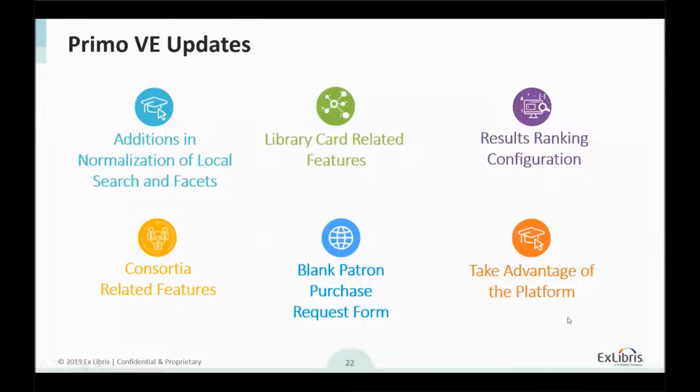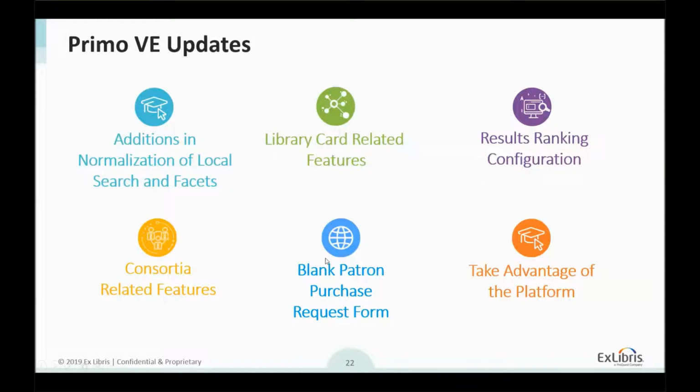And as usual, in the end, I will show you a feature that we have released that takes advantage of the platform. The idea is that we are on the Alma platform, so we can release features in an easier way and much faster.